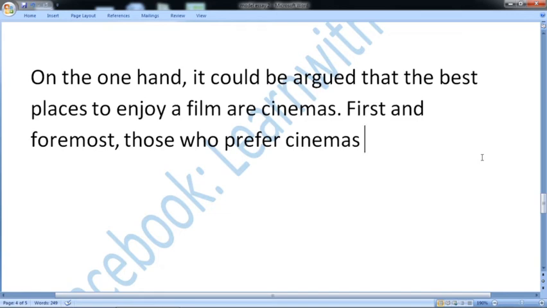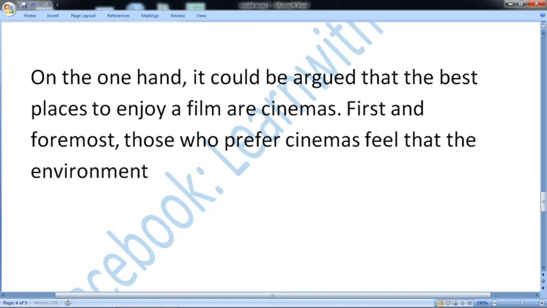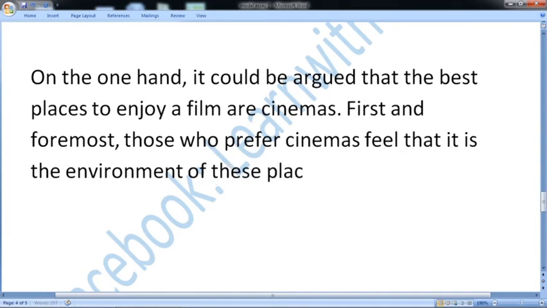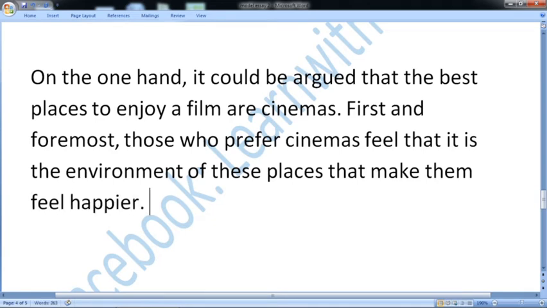So those who prefer cinemas feel that the environment, no, I'm going to use a cleft sentence here, that it is the environment of these places, meaning cinemas, this is referencing "these places," that makes them feel happier.